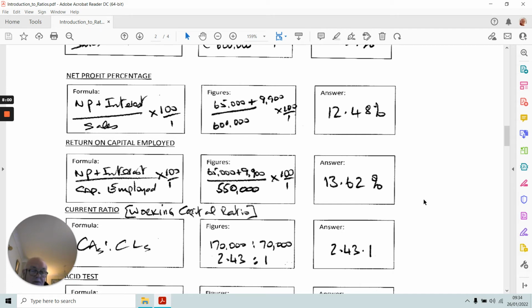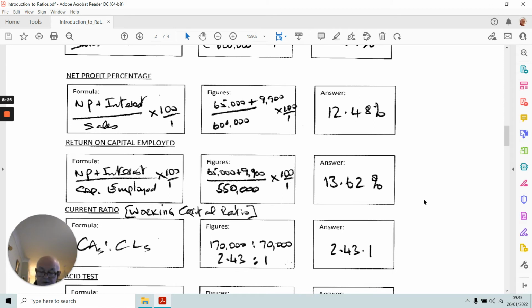And you'd compare that with last year's figure to see if you've improved. And you'd always also compare it with the return on so-called risk-free investment. If you were to take no risk and put that money in a deposit account or buy government bonds or something, how much would you earn? So that will tell you if it's worthwhile taking the risk to run your own business.